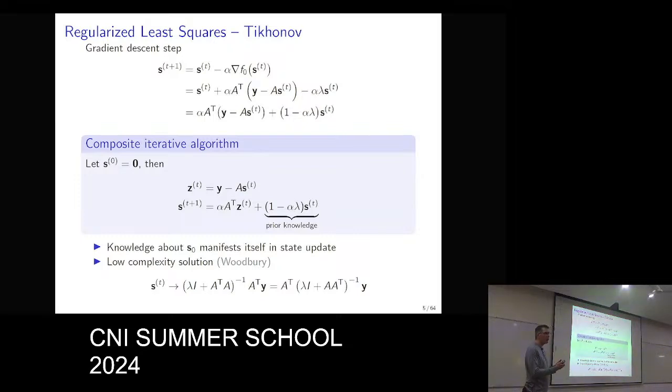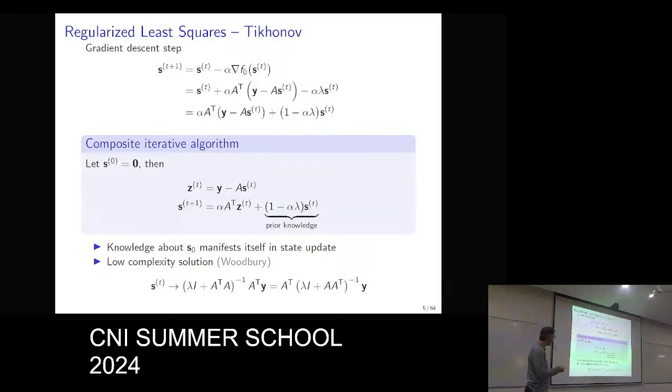So of course, we're trying to get a problem that's easy for us, a quadratic problem, and then put it in the form that we're familiar with, the composite iterative algorithm. So we'll take z as your residual, the part that's unexplained yet, by y, the observation, minus A times where you believe the state is.